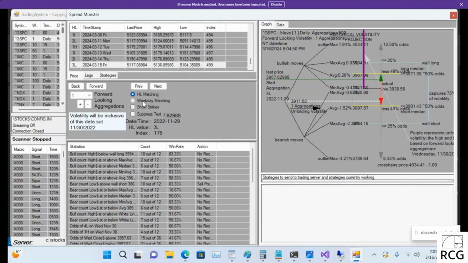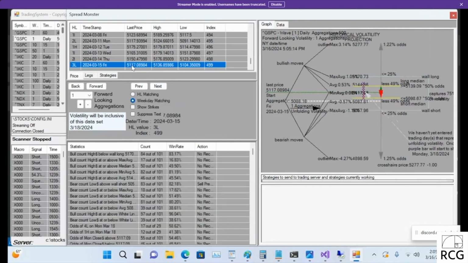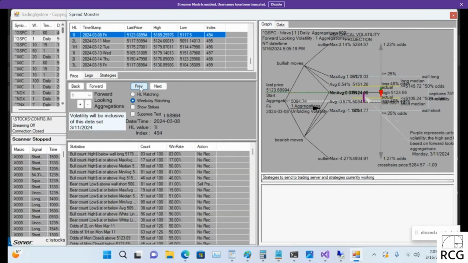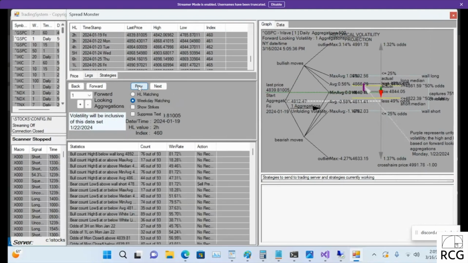patterns. And then the other way again is like doing the weekday matching. So this is Monday. It's Monday, so if I go back to previous Mondays. So previous Monday. So this is just basically a culmination of everything.